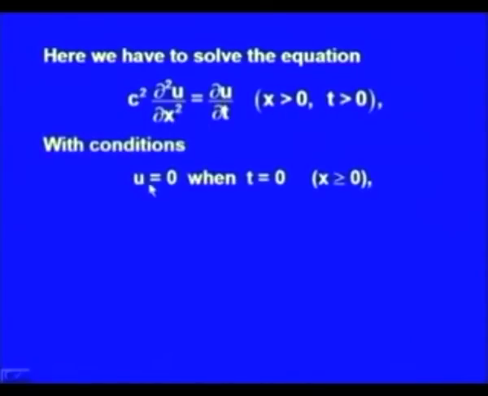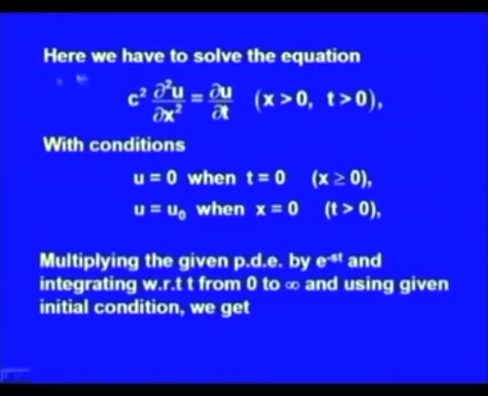The initial condition is at t equal to 0, u is equal to 0. U denotes the temperature, a function of two variables x and t, and the boundary condition is that at x equal to 0, u is equal to u naught for all time t.